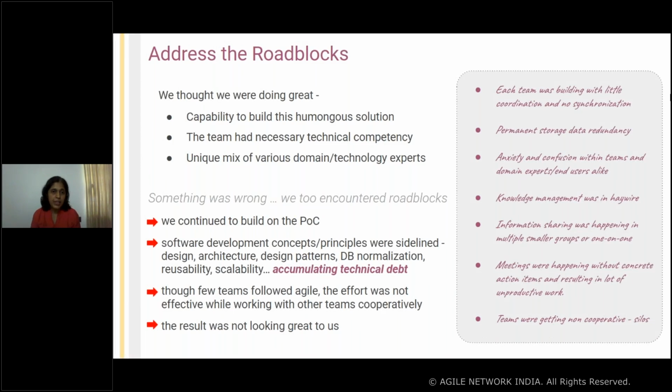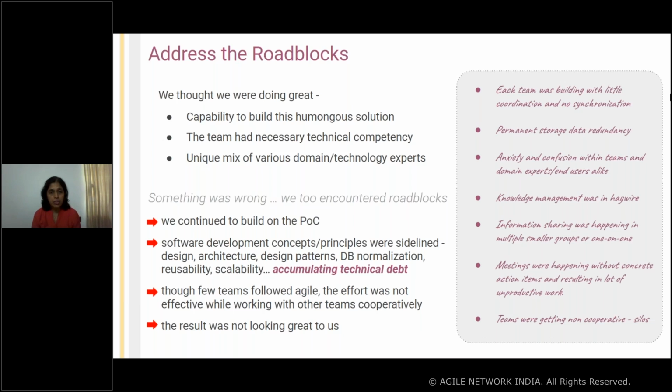we thought we were doing great. There were a couple of things where we were confident that we could achieve it: we had the capability to build this humongous solution. The team had the necessary technical competency, and we had a unique mix of various domain and technology experts, as I said, all in-house. So we had all the success mantra with us, and we were very confident of achieving it.